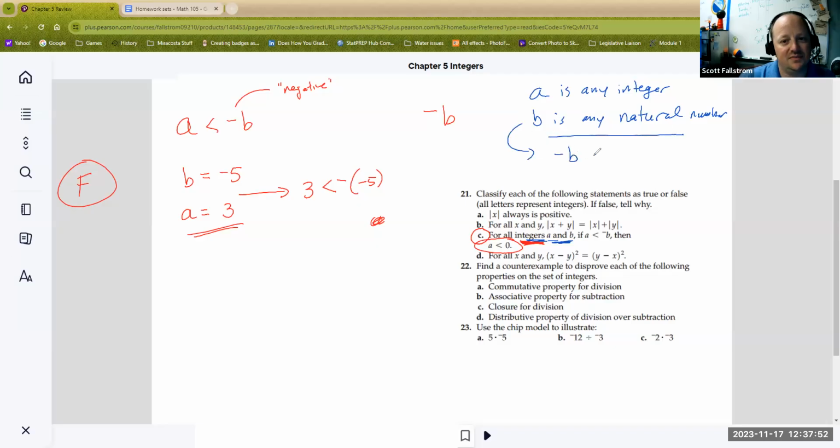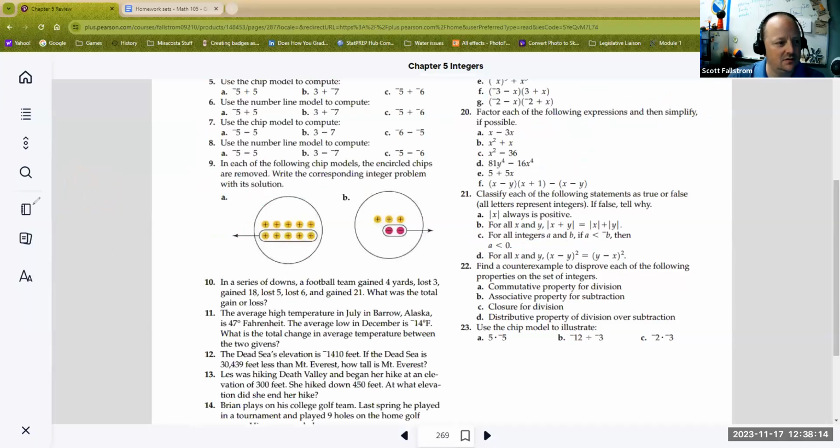The opposite of B, which is a natural number, has to be less than 0. And we know that A is already less than the opposite of B, which means A would have to be less than 0. So that's one way to make it work out, is you fix the number and say the number has to be the kind of number that I'm looking for. All right, so that takes care of 21C.